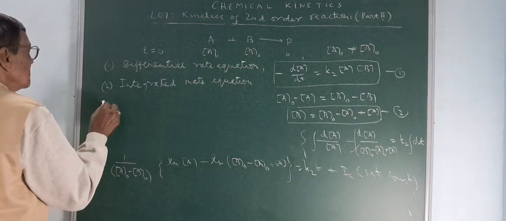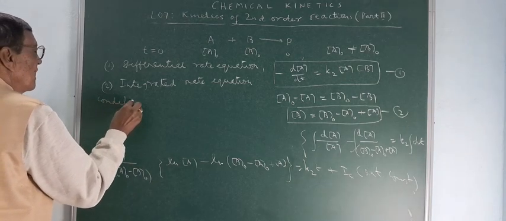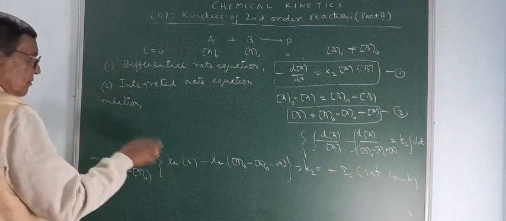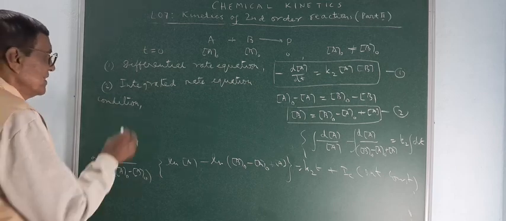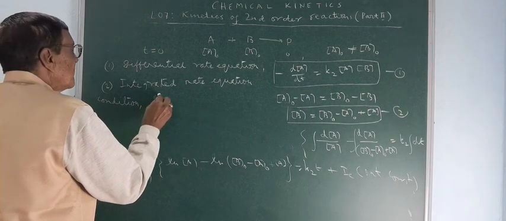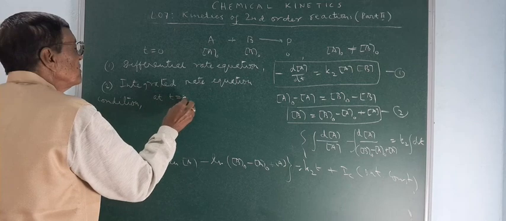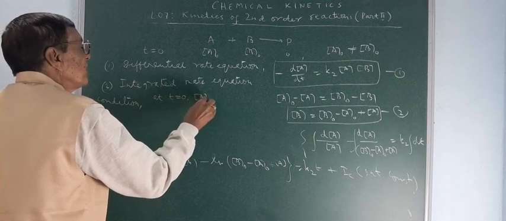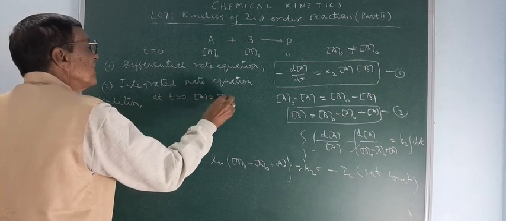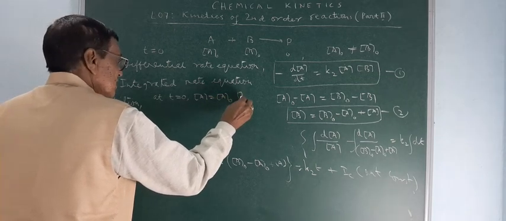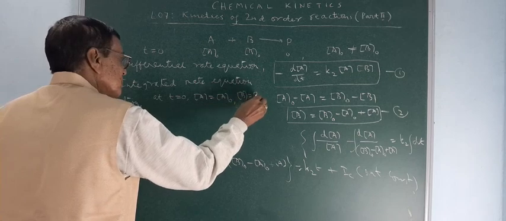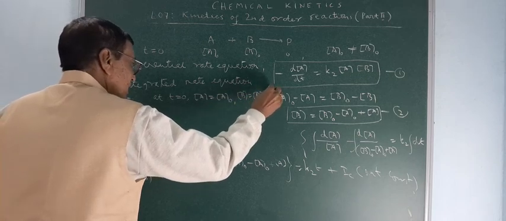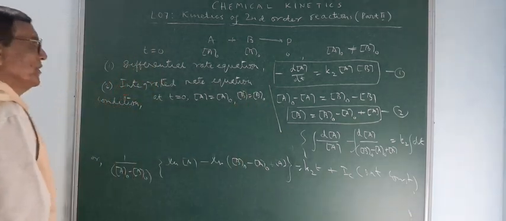The condition for the evaluation of the integration constant is that at t equal to 0, concentration of A equals A naught and concentration of B equals B naught.